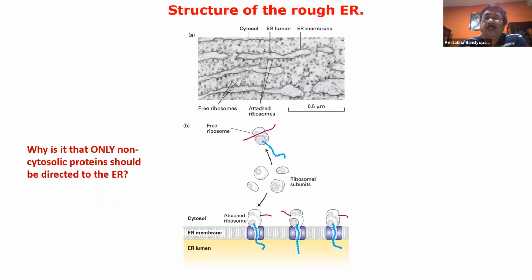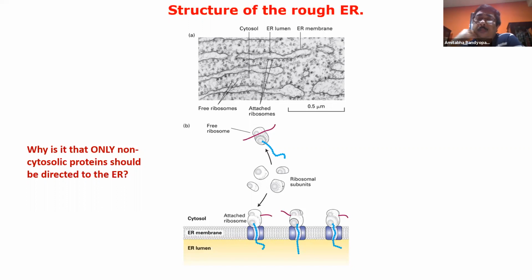Okay. Now, the question that was in everyone's mind is why only non-cytosolic proteins should be directed to the ER. Proteins on the mRNA that ribosomes are translating, some of them are destined to stay in the cytosol, so they are not directed to the ER.